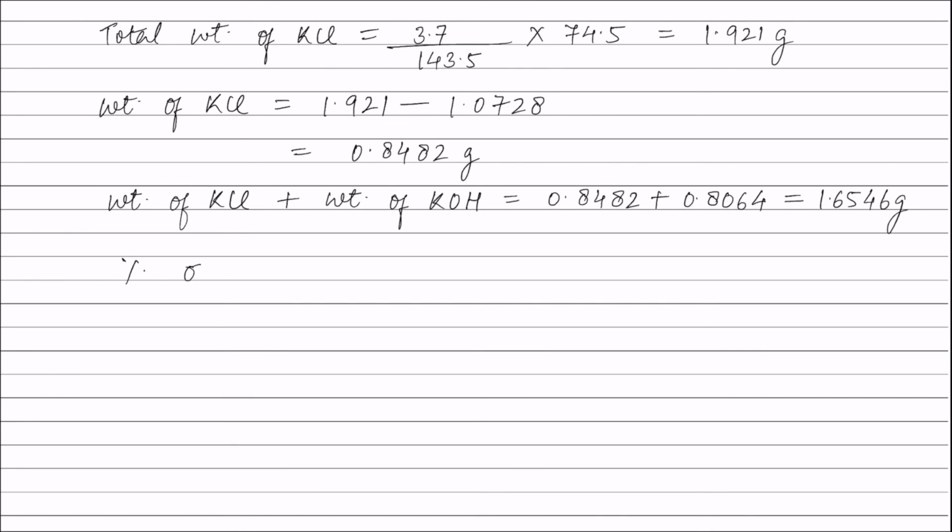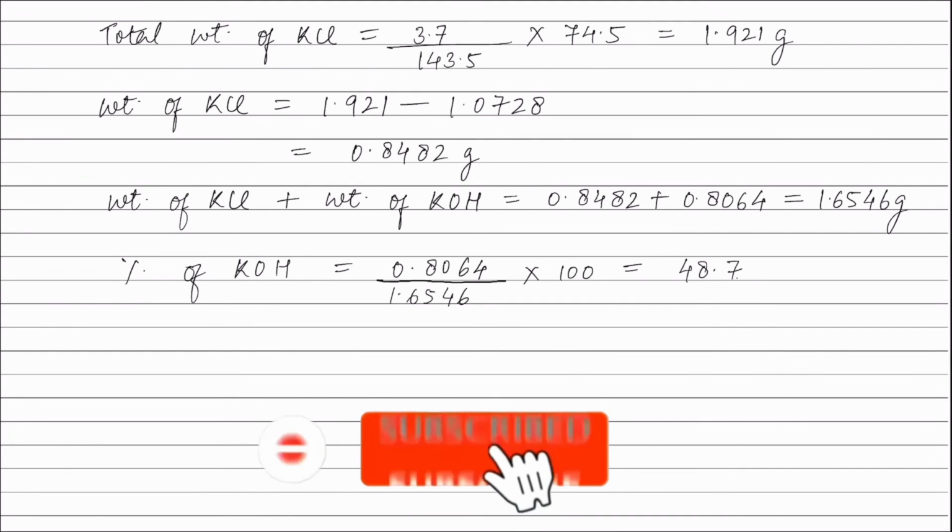Therefore, percentage of KOH is equal to weight of KOH, that is 0.8064 grams, divided by total weight of KCl and KOH present, that is 1.6546 gram, times 100, and this is equal to 48.7%.